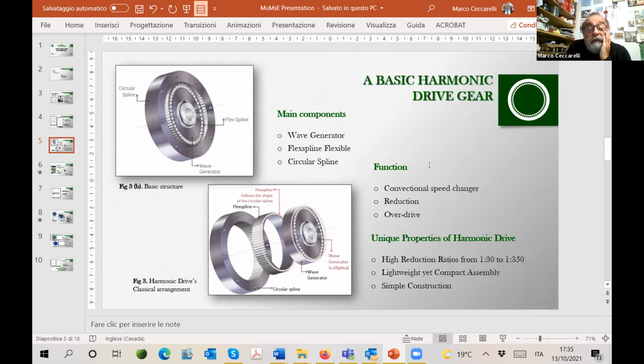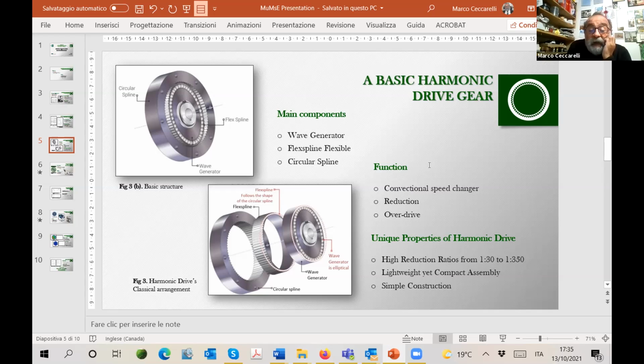Then you have the wave generator, connected with the flexible spline in such a way that it is possible to transmit the motion either from the circular spline to the wave generator or vice versa.